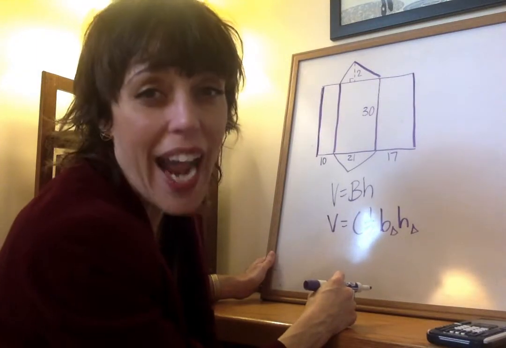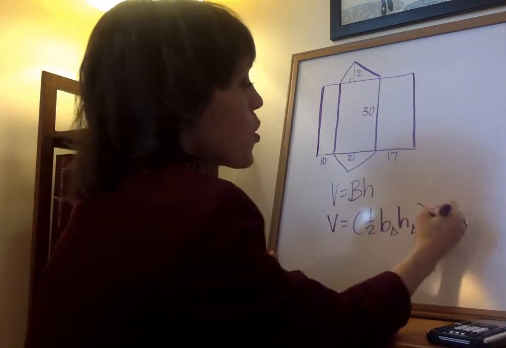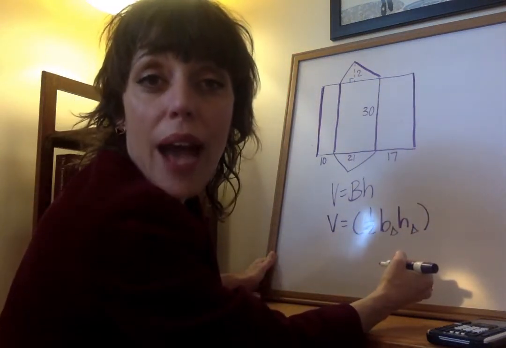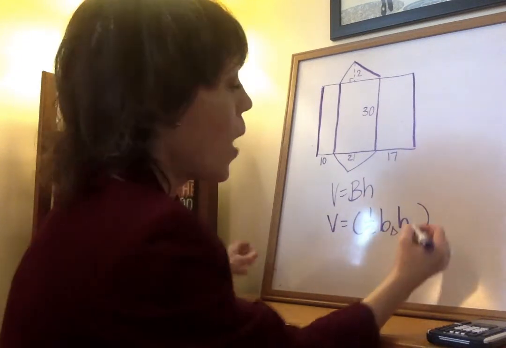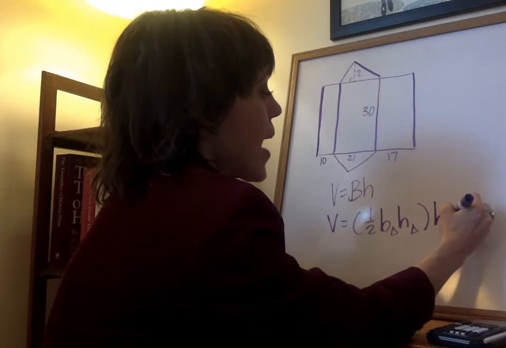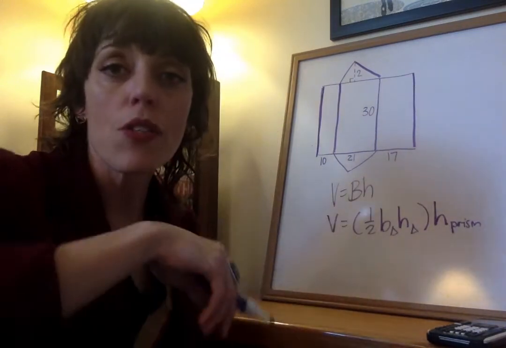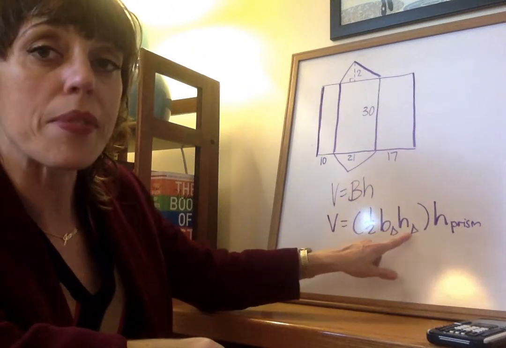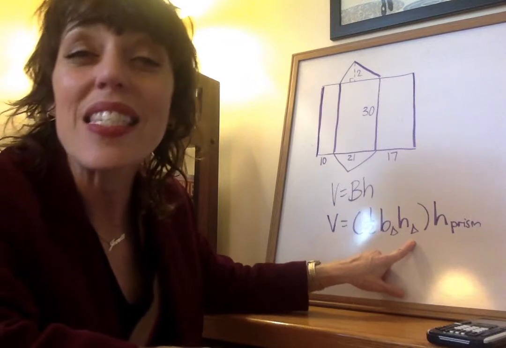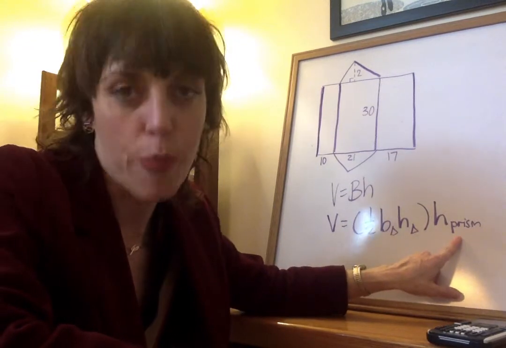I'm talking about the height of my triangle and the base of my triangle. And then for volume, I still need to multiply that by the height of my prism. That's a different height. So I'm going to distinguish that height, and I'm going to do a little subscript here, prism. So I'm going to be multiplying 1/2 base of my triangle times the height of my triangle times a separate different height, which is the height of my prism.